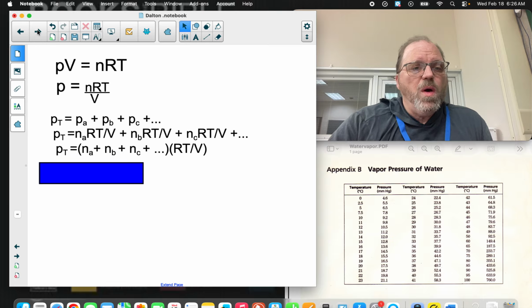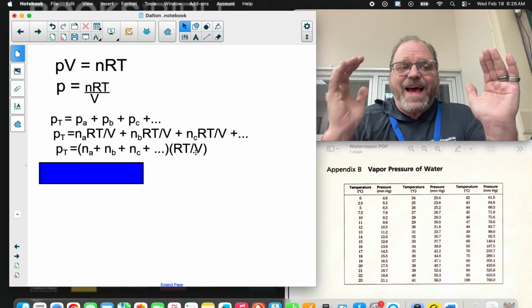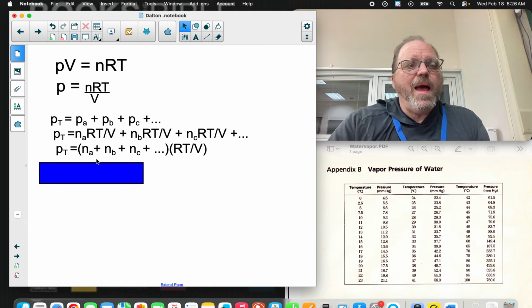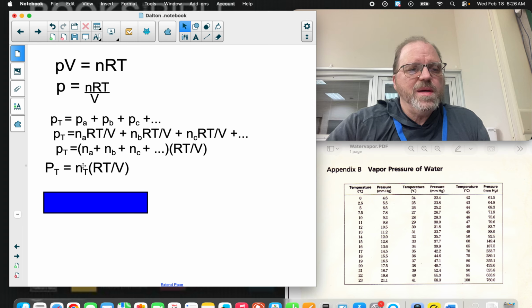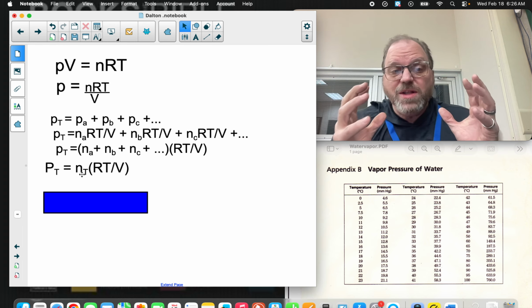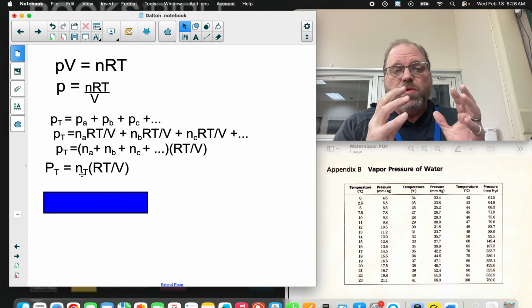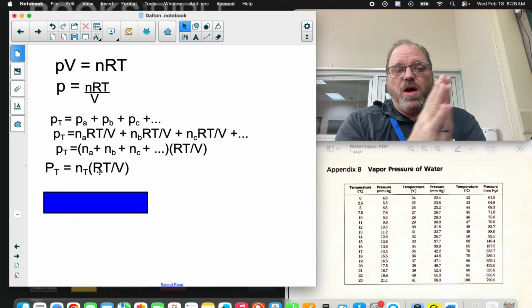So we can move all the n's out, and when we do that, we get the equation P total is equal to N total, the total number of moles, times RT over V.